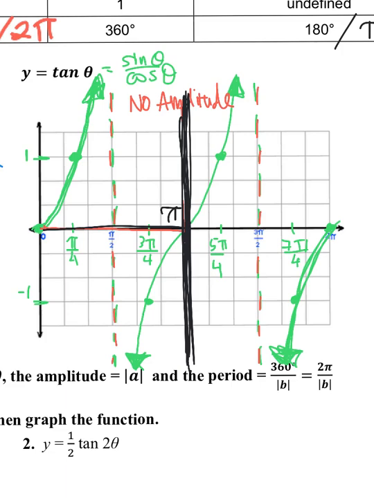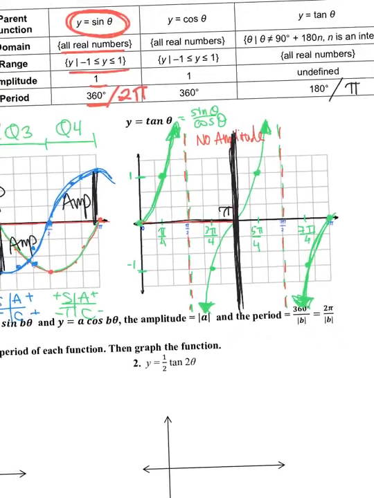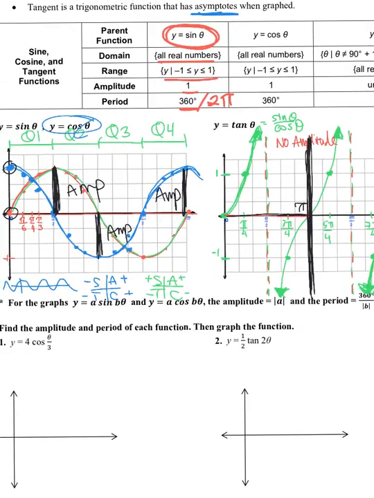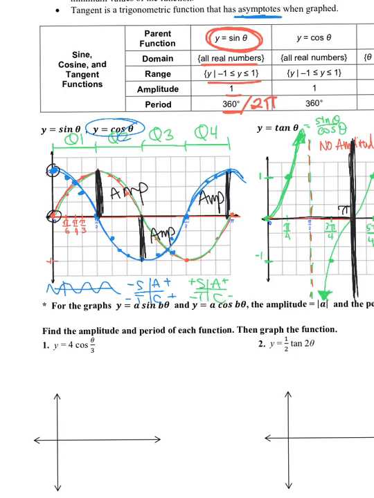Now let's go ahead and play around with these a little bit and look at what happens if we change the amplitude and we change the period. So in the equation, when you have a number multiplied in front of your trig function, that a right there will change the amplitude. And the amplitude will be the absolute value of a, whatever that a number is that's being multiplied.